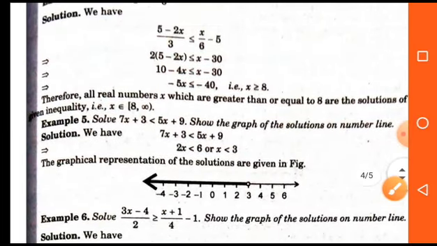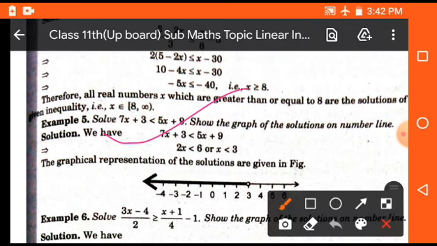Now we are taking an example in which we have to solve the linear inequality and plot all the values of the linear inequality on the number line. So see this example: 7x plus 3 is less than 5x plus 9.